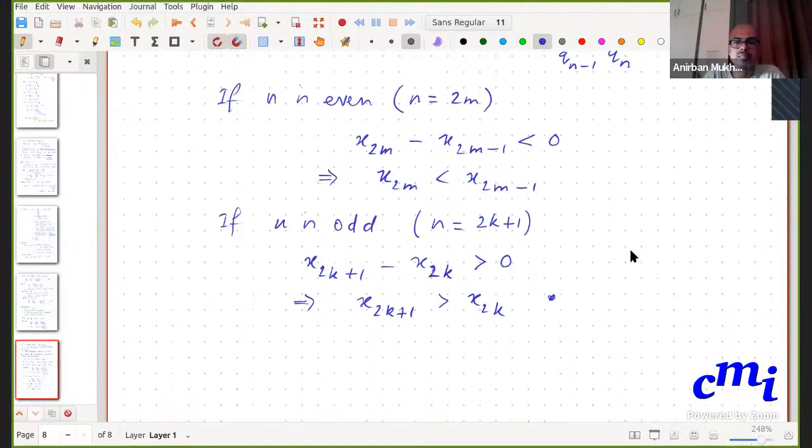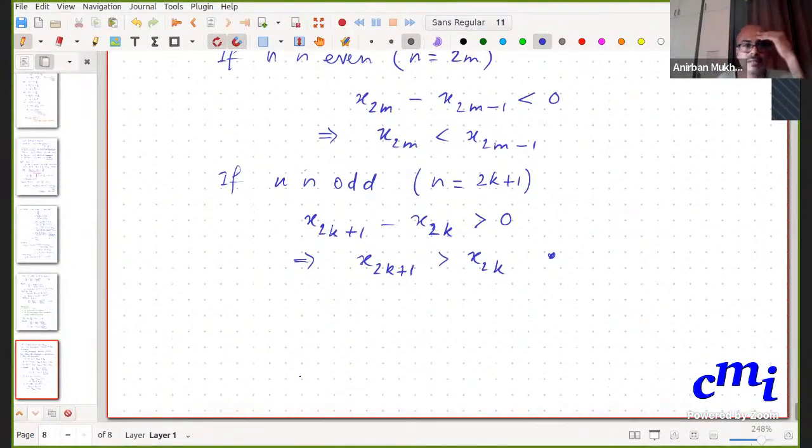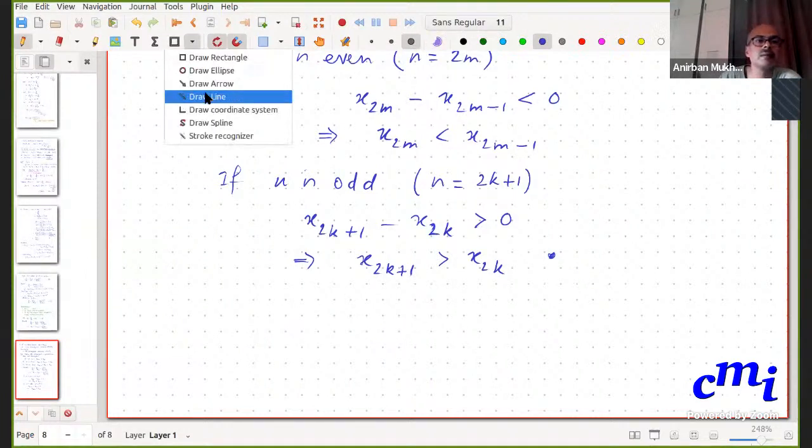So what is the picture? The picture is going to be like this, of course we would see the full thing a little later. If you have, let me just draw a line.